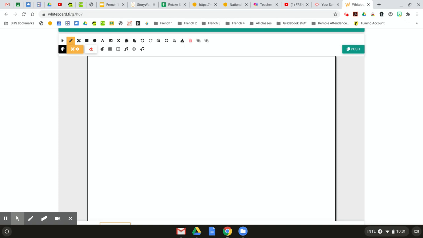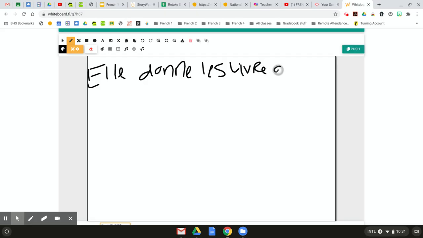So let's do an example of he gives the... let's do an easier word. Let's do he gives the books to them. So let's do elle actually. We haven't done one with elle. So elle donne. She gives the books, les livres, à, and then let's do the boys.